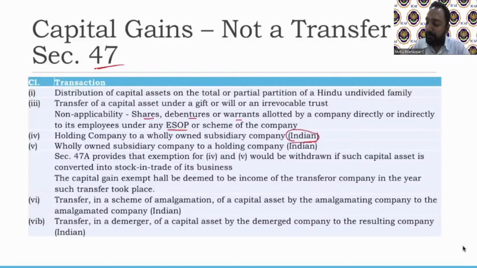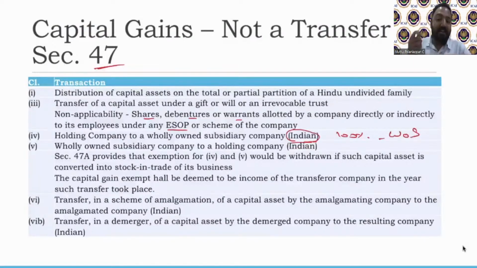Next, holding company to a wholly owned subsidiary company, which is an Indian company. Please remember, we are talking about a holding company. There is no specification whether a holding company should be Indian or should be outside India. But when a transfer is happening to the other party, the recipient must be an Indian company. So holding to wholly owned subsidiary. What do you mean by wholly owned subsidiary? 100% ownership is what is called a wholly owned subsidiary.